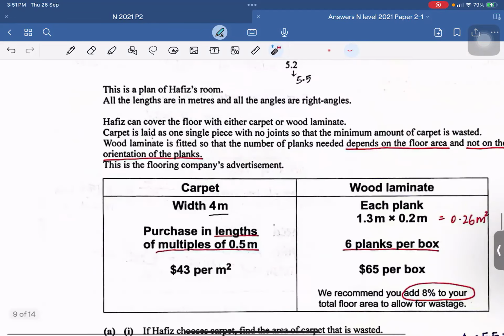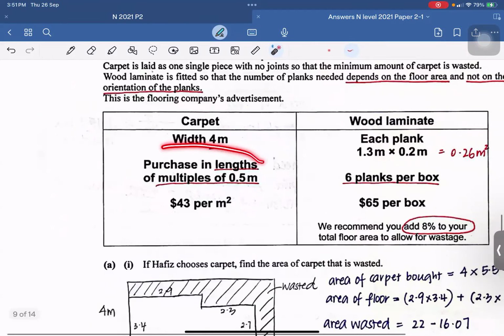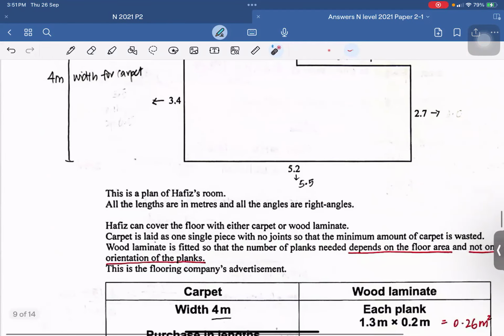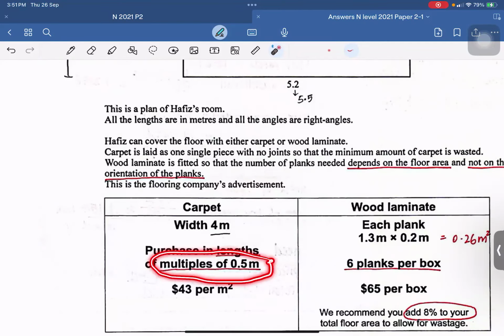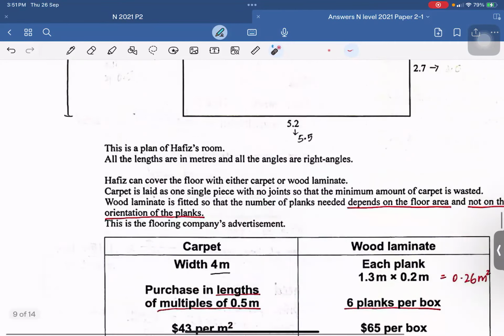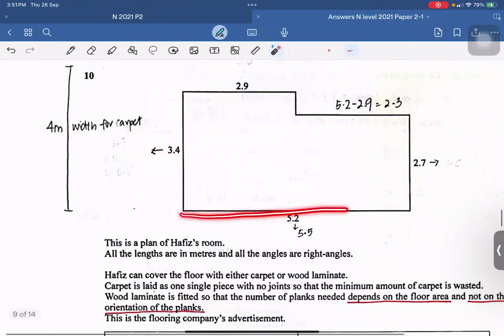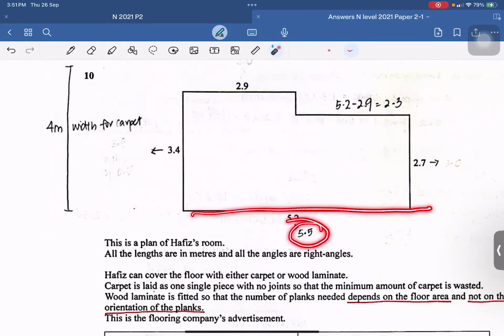Next part, they say they purchase the length. That means I'm going to purchase the length on this side. However, it's in multiples of 0.5. So if I want to purchase the length, this length of the room is actually only 5.2. But because I want to buy it in multiples of 0.5, the nearest 0.5 is 5.5.